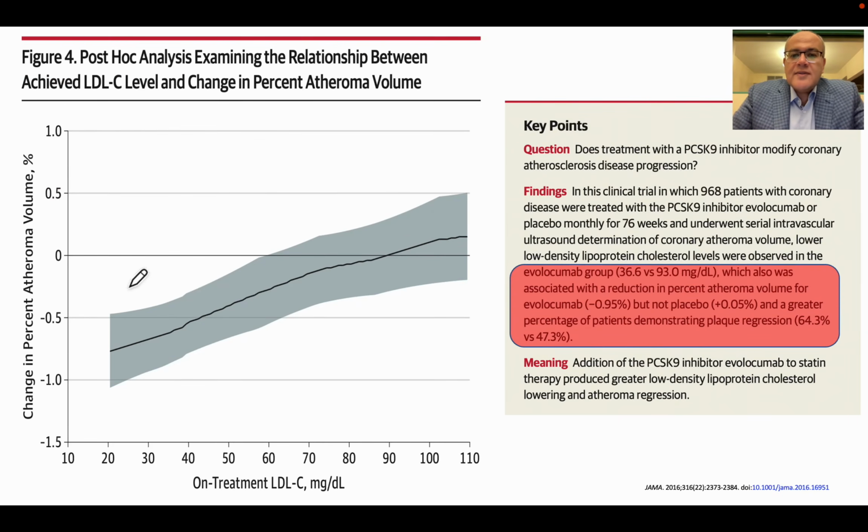And we saw the same result again from the GLAGOV trial, that in order to reduce the progression or to induce regression of atherosclerosis, again we need to go below 70 milligrams per deciliter, 1.5, to get just 1% reduction in the plaque volume. And it's hard to understand how just 1% reduction in the plaque volume reflects in 20 or 30% reduction in cardiovascular events.